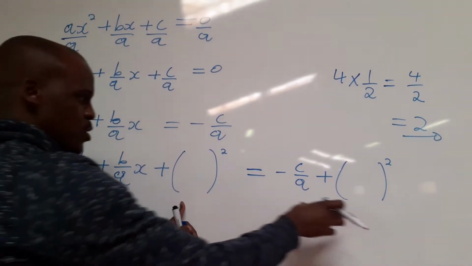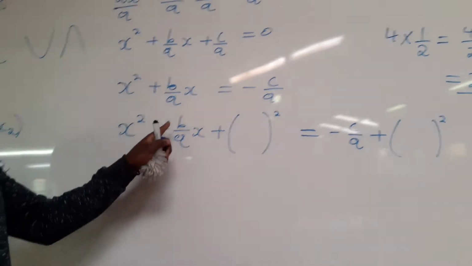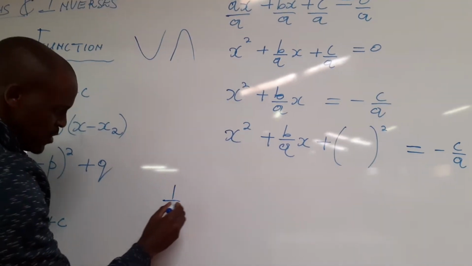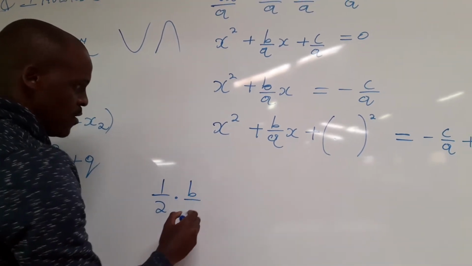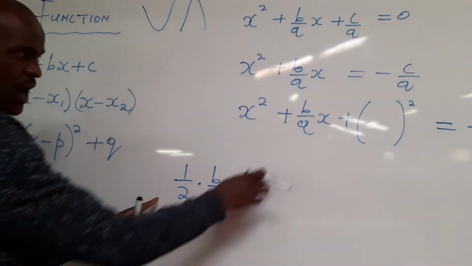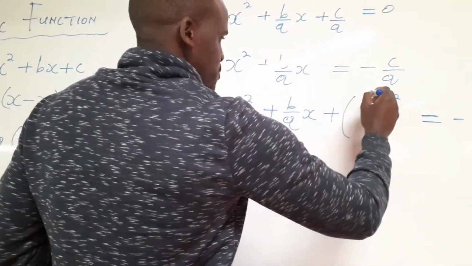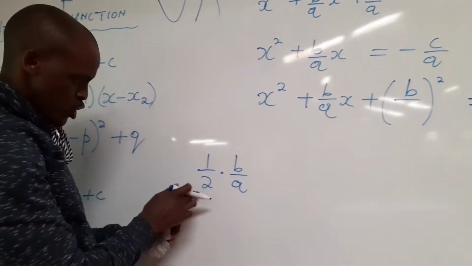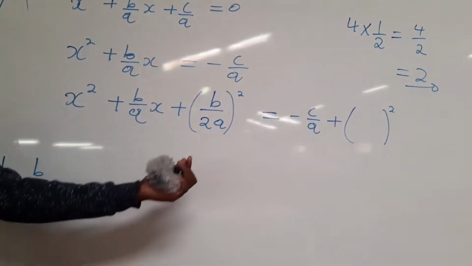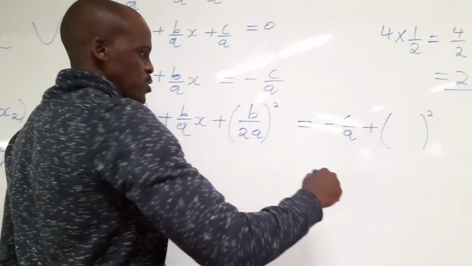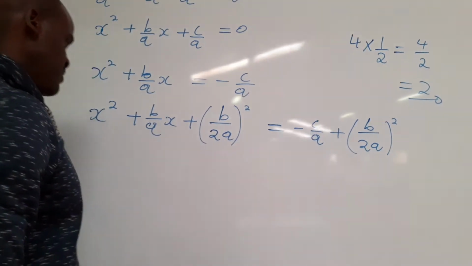Let's halve this: 1 over 2 times the coefficient b over a. 1 times b is b, and 2 times a is 2a. So since we have done this on the left, we also do it on the right. It's b over 2a.